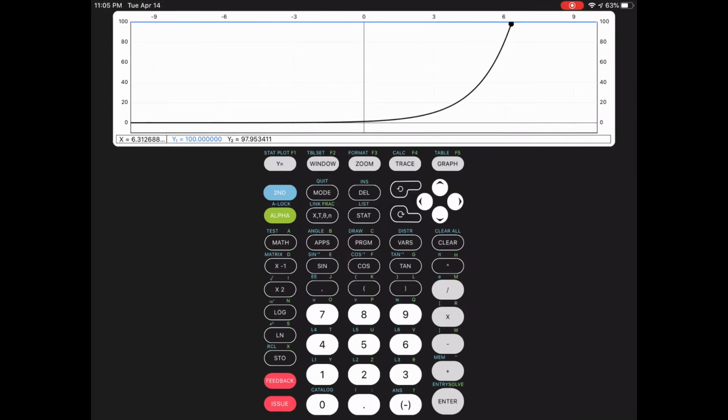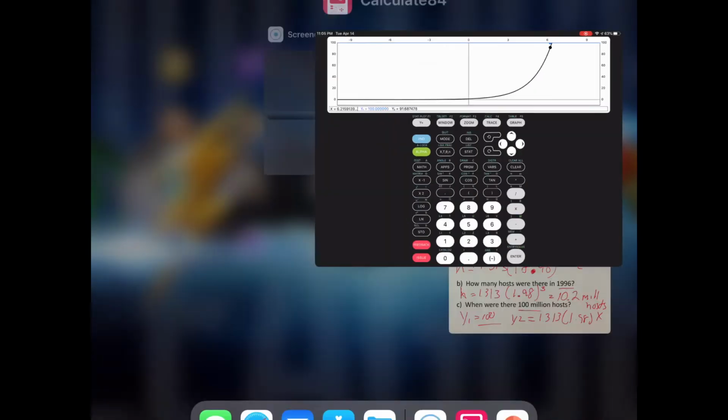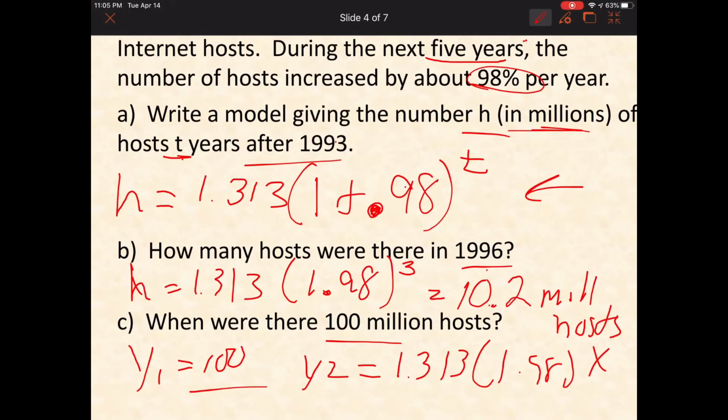There it is right there in the X, 6.3. You see it there on the X? Again, I can't write on this because I moved it. And there we go, right there, 6.3. So I'm going to write that in there, that the answer, well, actually it's X or T, is 6.3 years.